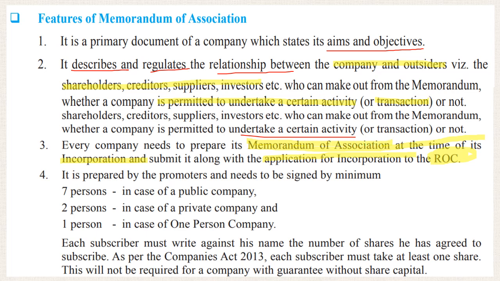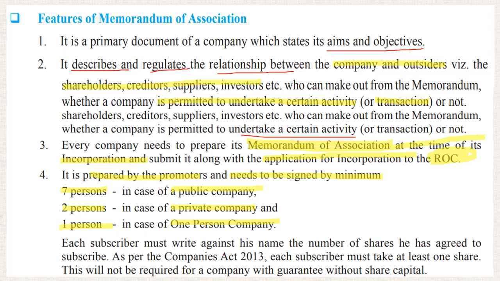It is prepared by the promoters and it needs to be signed by a minimum of 7 persons in case of a public company, 2 persons in case of a private company, and 1 person in case of a one person company.